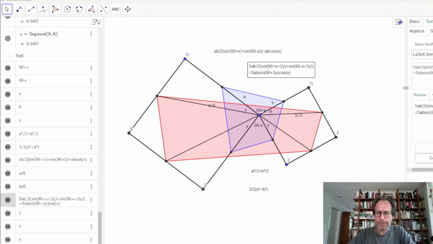And this we can simplify further. Again, sine of 90 plus 2y is the cosine of 2y.